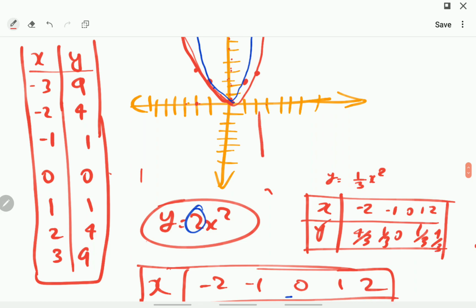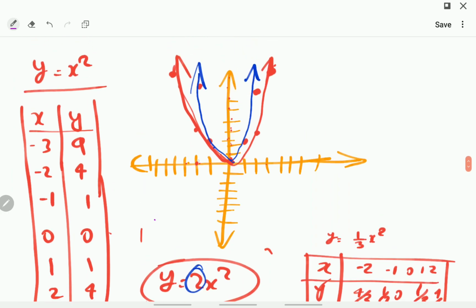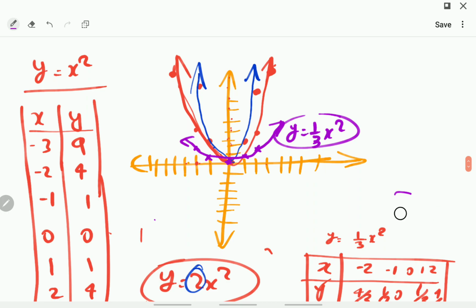So let's sketch these points. 4/3 is about 1, so when x is -2, it's 4/3, so it's above 1. And then the other points are there. So that's the graph of y is equal to 1/3 x squared. We see that it's much fatter, right? That's very visible.